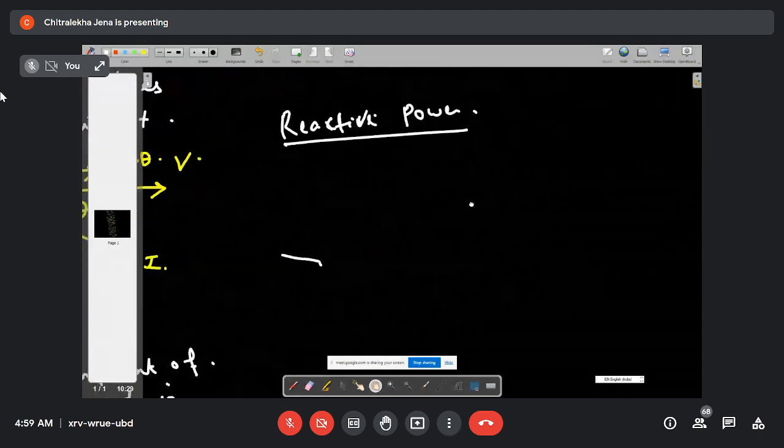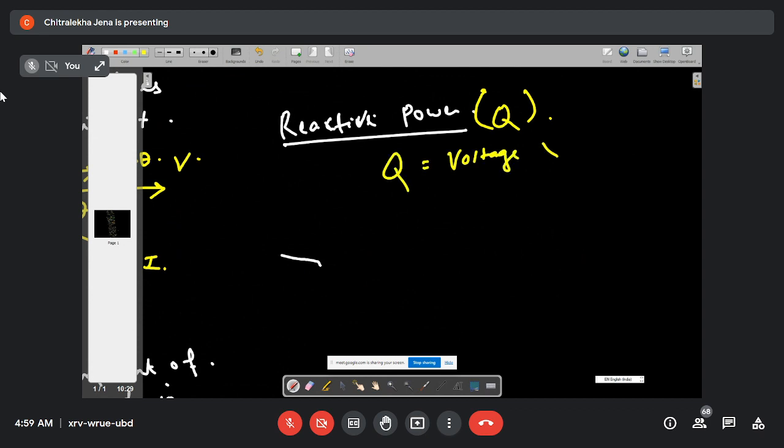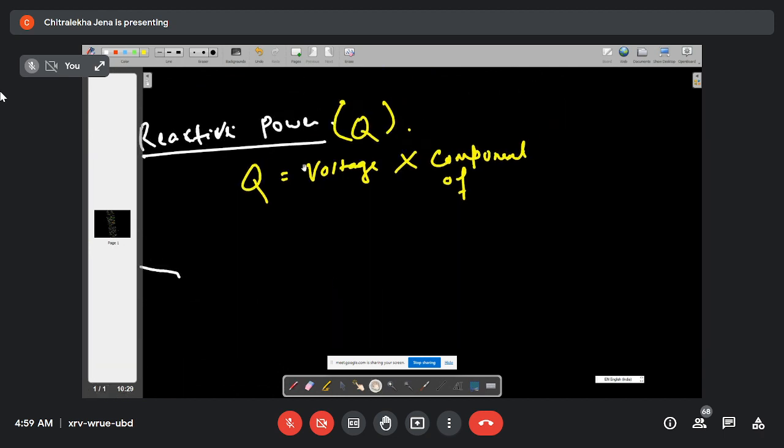Now coming to reactive power. What is the formula for reactive power? It is denoted as capital Q. Q is equal to the voltage multiplied with the component of current 90 degrees out of phase with the voltage.